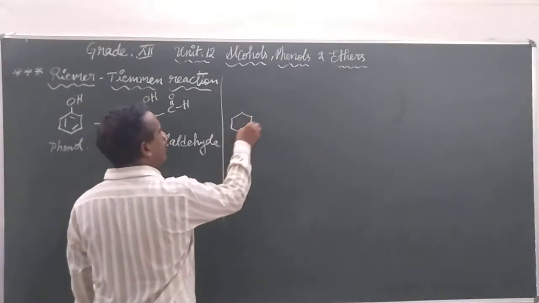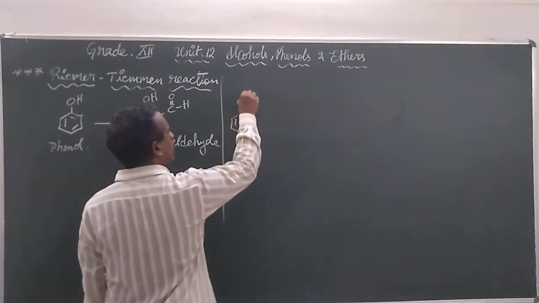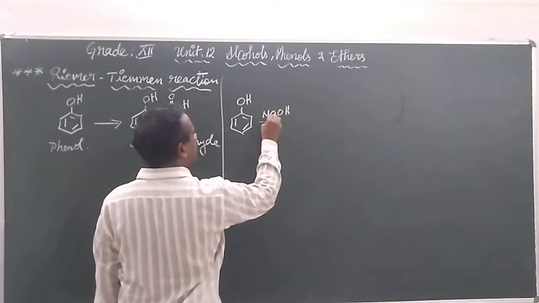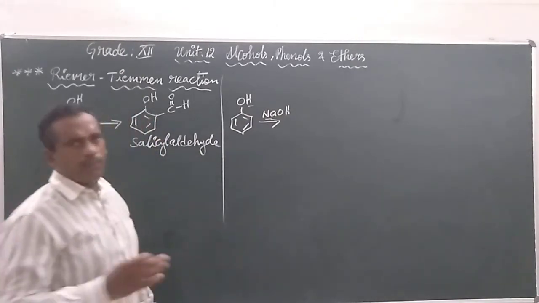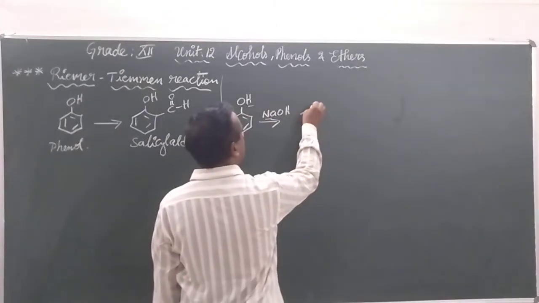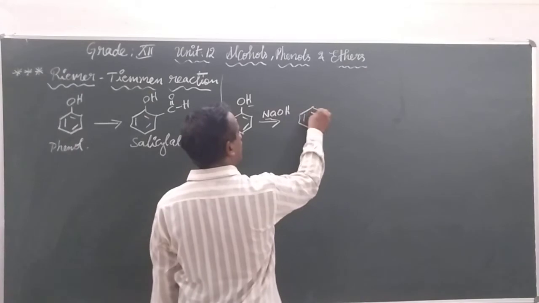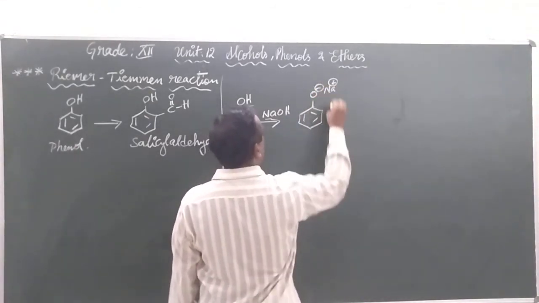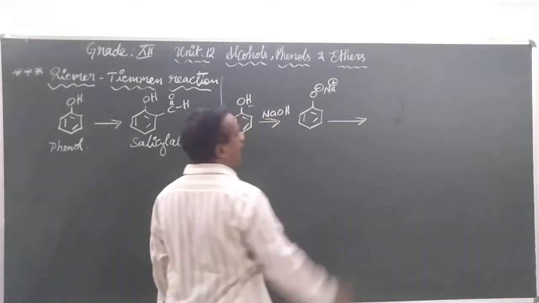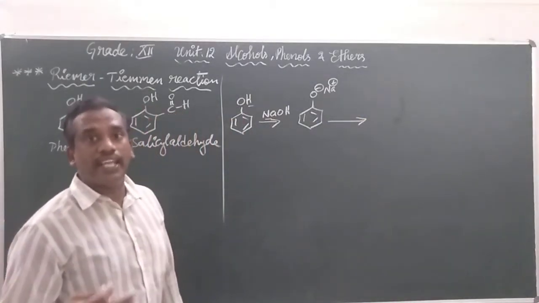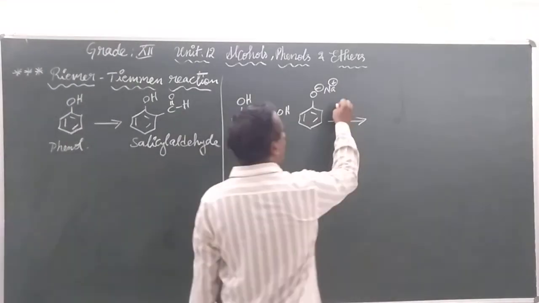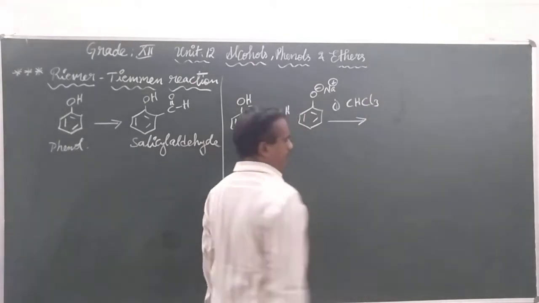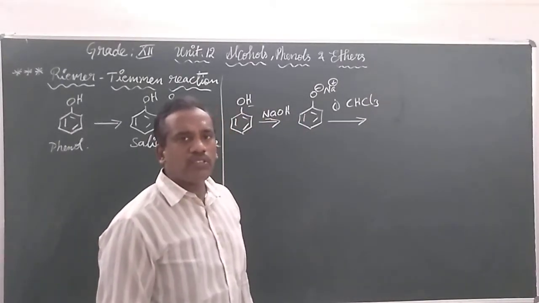Initially phenol will be reacted with sodium hydroxide. When phenol is reacted with sodium hydroxide, we will be forming the sodium phenoxide ion. Now we are going to add the remaining reagents. One of the reagents is CHCl3. What is the name of the reagent, children?